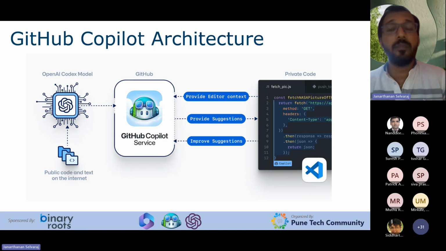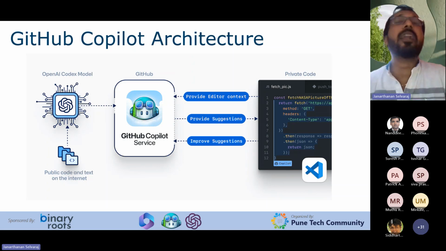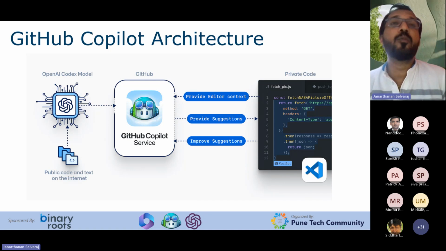That is possible in terms of the suggestion list, and GitHub Copilot also improves your suggestions based on in-context learning. That type of offering in GitHub Copilot is provided by the Codex model generation.